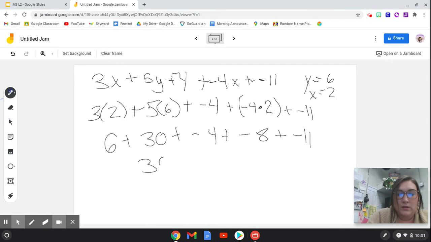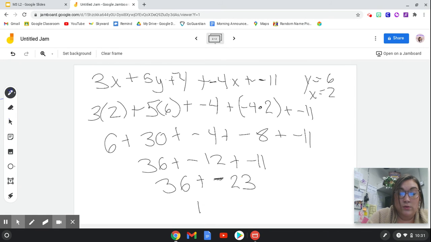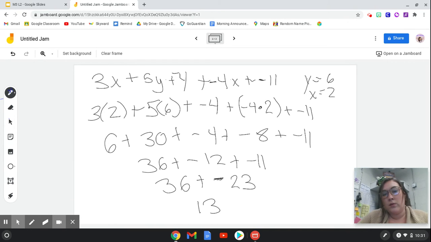So I have 36 plus, let's see, negative 12 plus negative 11. So 36 plus negative 23 which leaves me with 13.